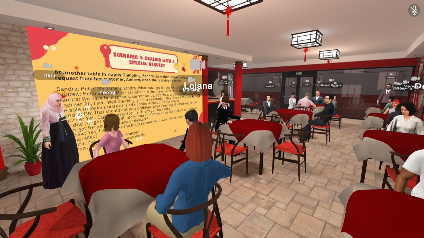So, for the third scenario, there will also be two people, Sandra and Andrew. So, who would like to be my volunteers for this scene? Anyone? If not, I will be a volunteer again. Okay, thank you, Manjing.